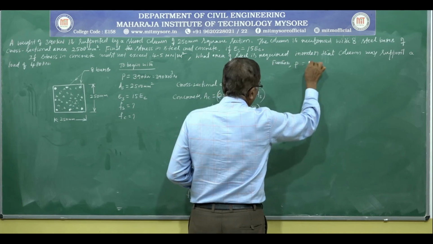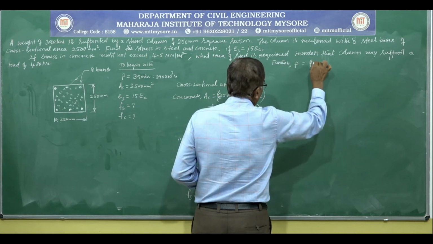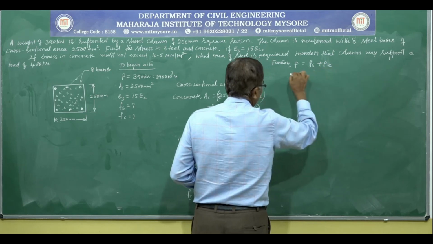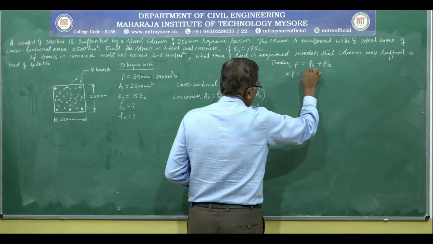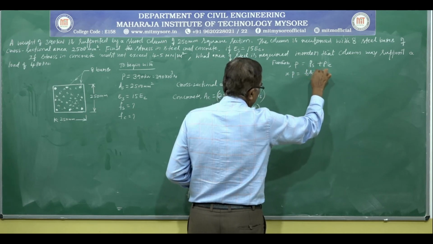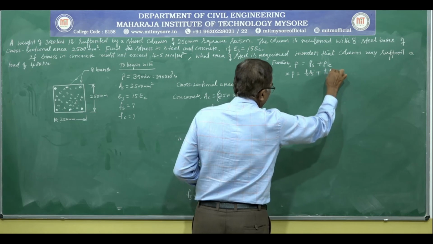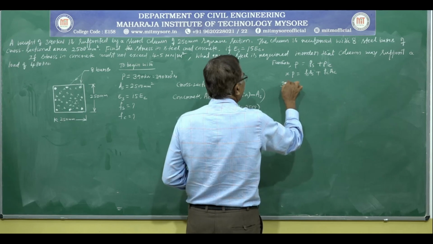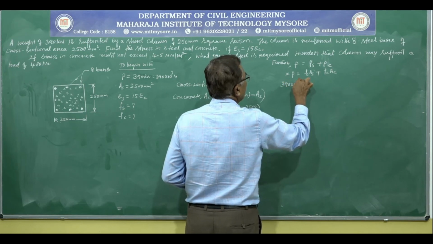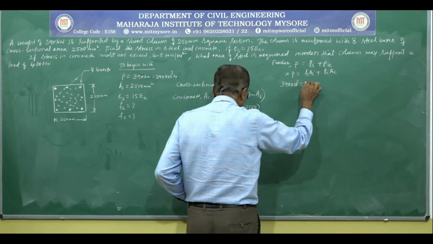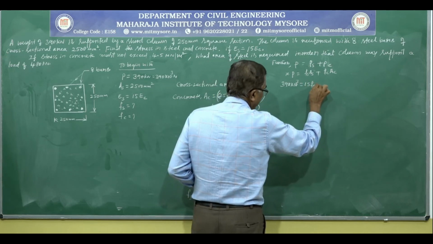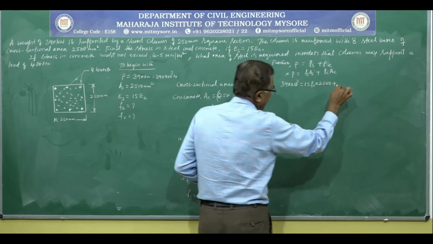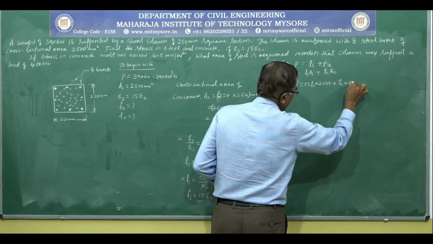for compatibility, P is equal to Ps plus Pc, that is P is equal to Fs As plus Fc Ac. It is P is 390 into 10 power 3 is equal to Fs, which is 15 times of Fc, into area of steel 2500 plus Fc as it is into 60,000.